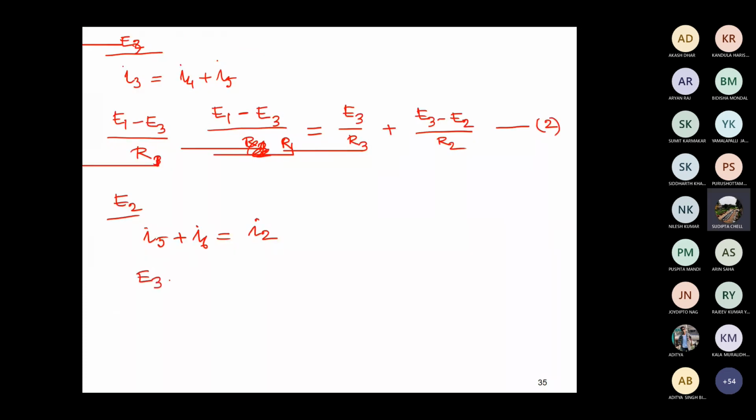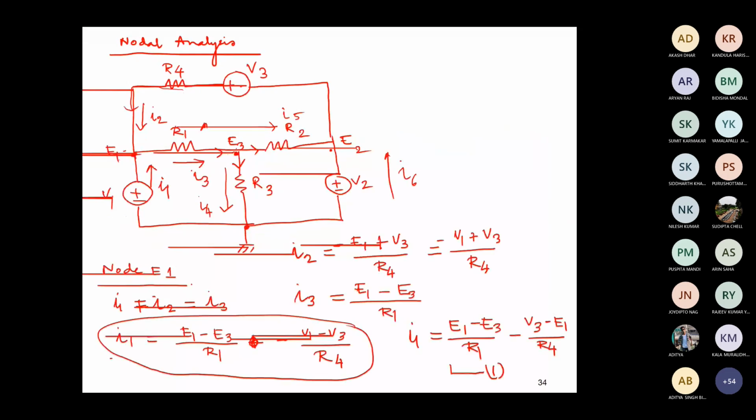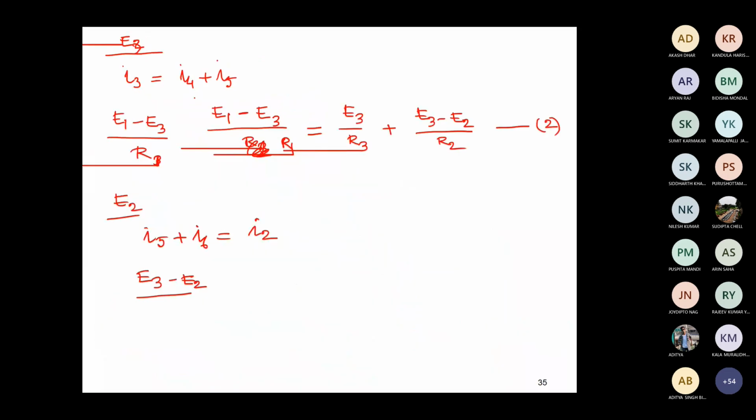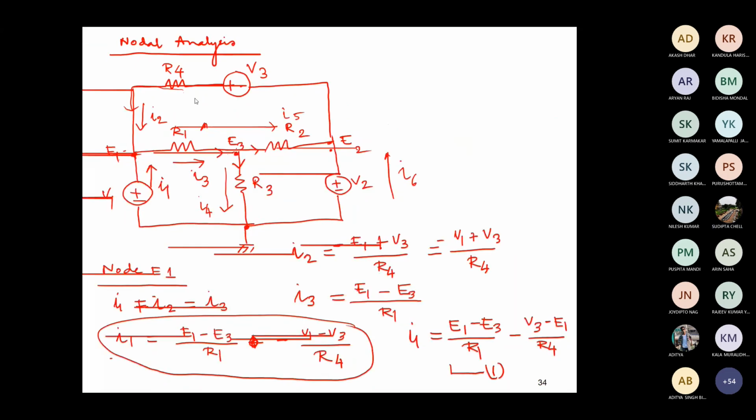Sir, I5 and I6 are in opposite direction. At node E2, what is there? I5 and I6 are incoming, and I2 is outgoing. So that is what I have written. Oh, okay, understood. At this node they are reaching the node, and I2 is going out from the node. So that's why I wrote it.